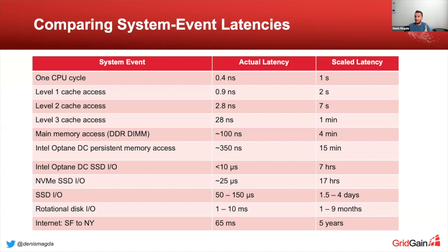And what's the scaled latency? That's the latency of our human universe. We live in a world where we measure time in seconds, minutes, days, months, or years, right? We all understand that nanoseconds, microseconds, and milliseconds are extremely small units. But for us humans, it's hard to comprehend how big the difference is between microseconds and milliseconds.